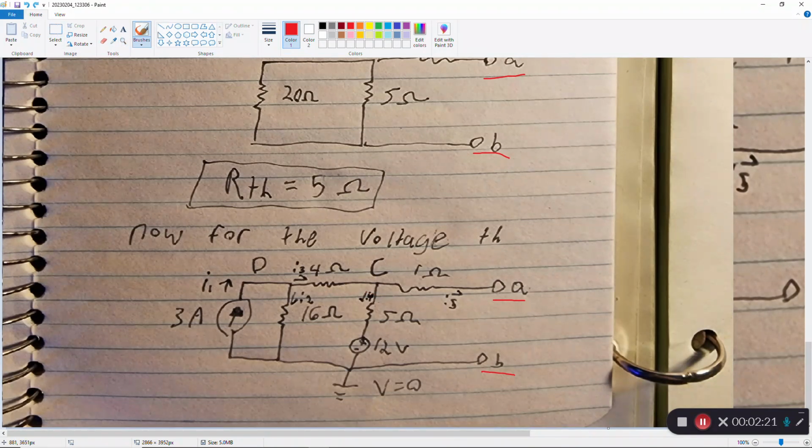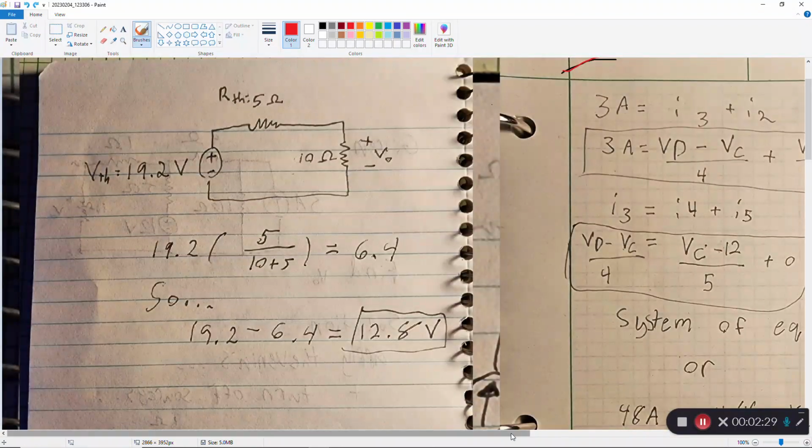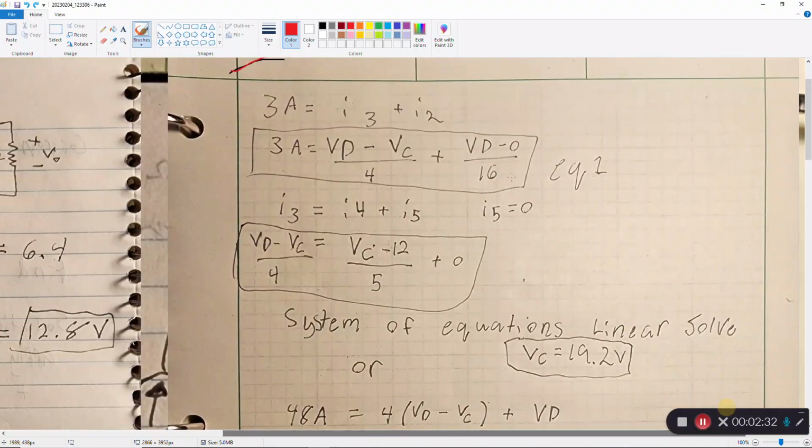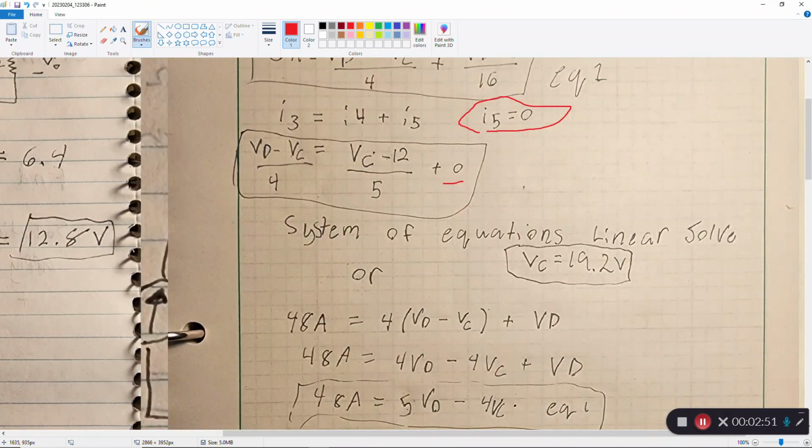I think I'm just assuming that I5 is 0, but I'm still putting it in the calculations just to keep everything organized nice. So I marked that as 0. Still carried it down for some reason, just because I like keeping things organized. So VD minus VC divided by 4 equals, and these are of course the Ohm's law representations of my I3 and I4 currents.